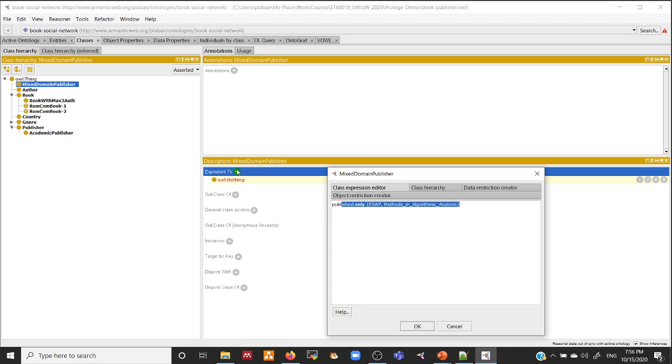Publisher and published, then some, the existential quantifier some, to be has genre and some fiction, right?